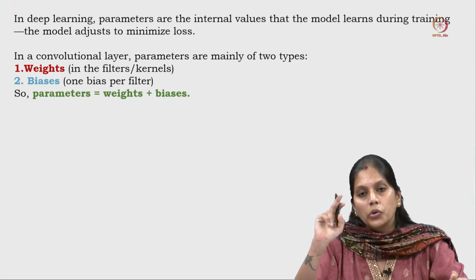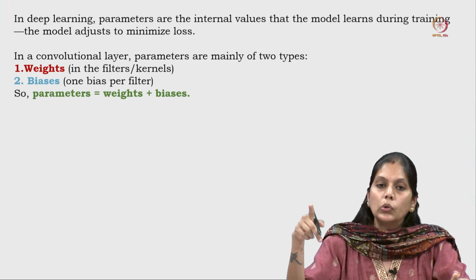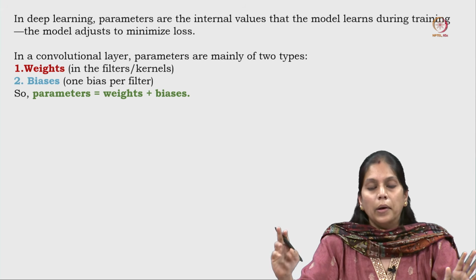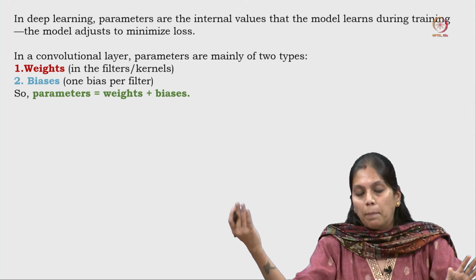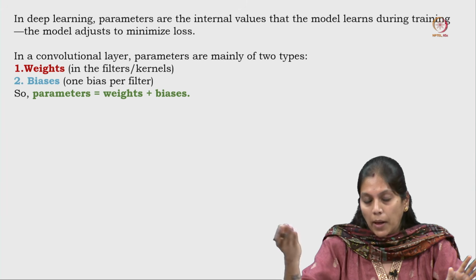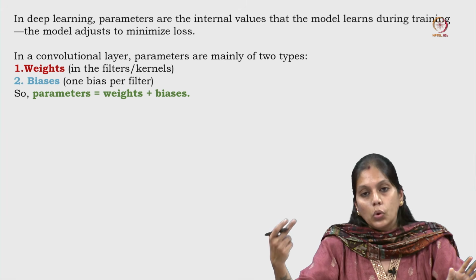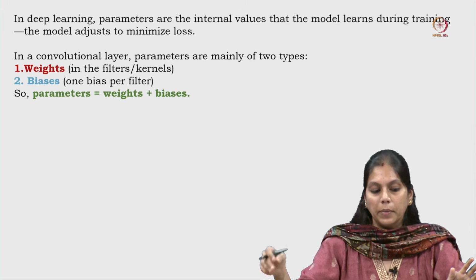On each of those connections we had weights, and there is a bias also for every layer that we are adding. Once you get the output, you calculate the loss, you apply optimizers, you back propagate, and during back propagation you update those weights and biases. This is what we have seen in the multi-layer perceptron.